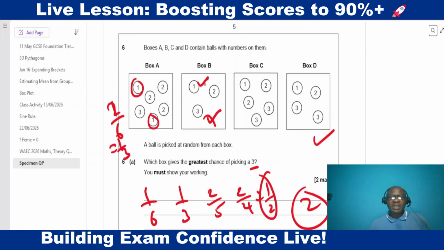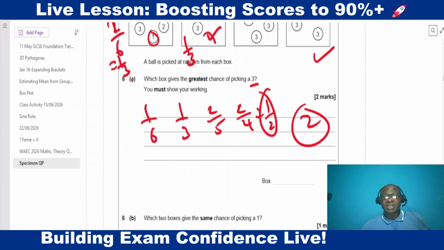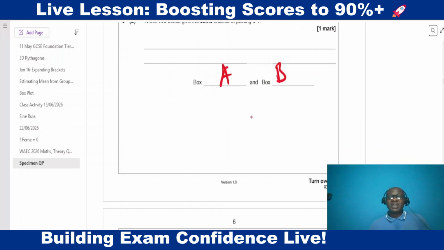And picking one here is only this, which is 1 over 3. So that is correct. A and B will give you probability of 1 over 3. That is the chances they have. So that is a 1 mark for question B.